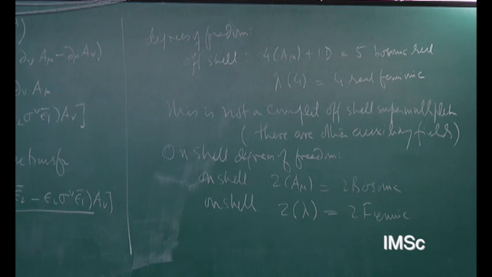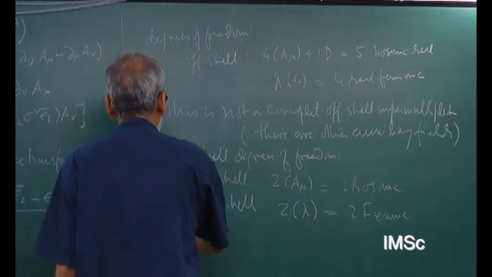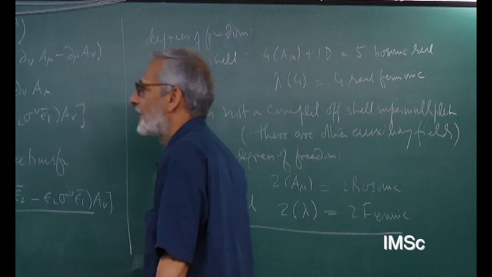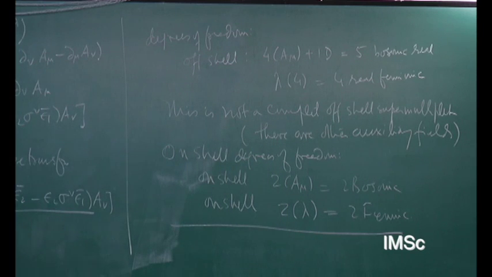supermultiplet. We'll see it in detail when we do the superfield things, because we'll list the complete list of off-shell representations. Okay. But keep this in mind. Now that was the photon supermultiplet.